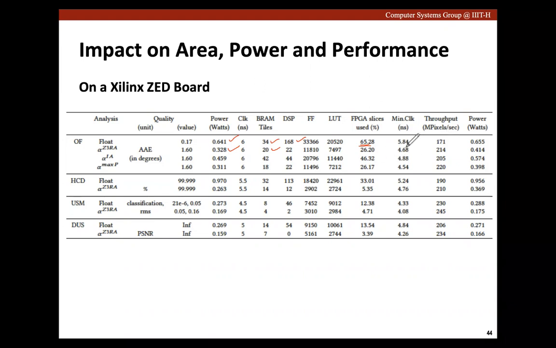If you want to use a fixed point data type, should it be the same for all the variables, or do you want to use different fixed point data types for different variables? All these things will have an impact on the BRAM tiles used, the memory bandwidth, that is the stress on the memory bandwidth, DSPs used, flip-flops, everything.